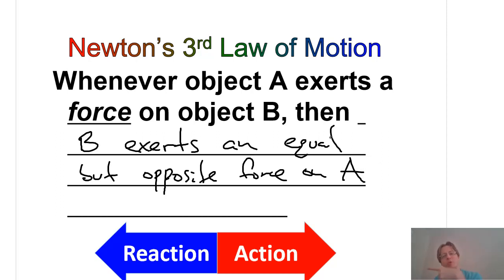So A pushes on B in some direction, B pushes on A with exactly the same magnitude of force, like 100. If it's 100 pounds on B, then it's 100 pounds on A, and the directions are just opposite. A pushes B one way, B pushes on A the opposite way.